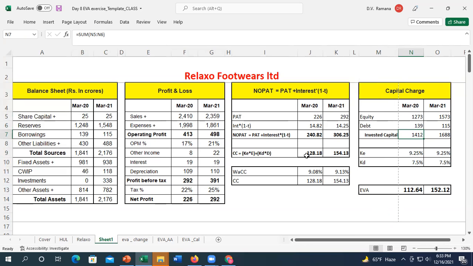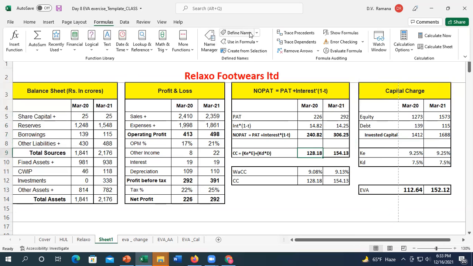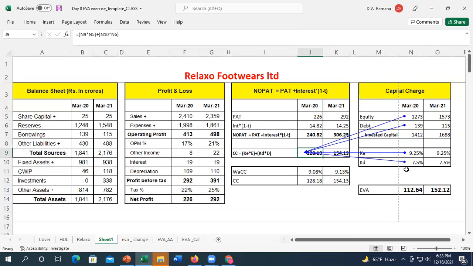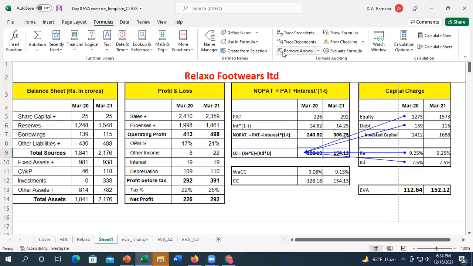Therefore, capital charge is equal to KE into E plus KD into D. The capital charge is 128 crores and 154 crores. The increase in the capital charge is because of the increase in the amount of equity.